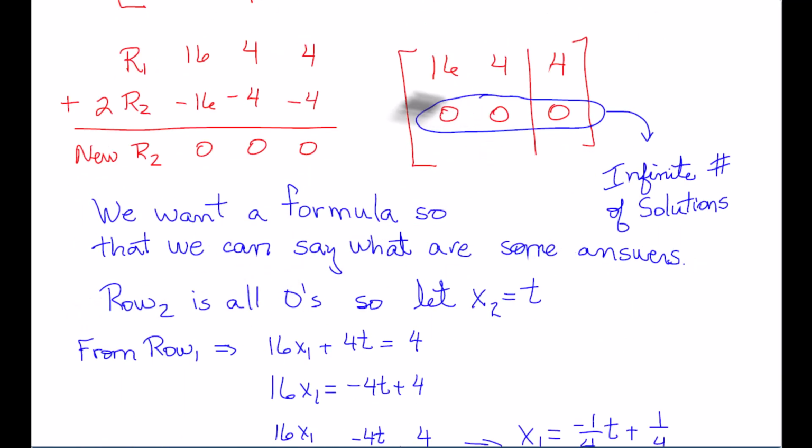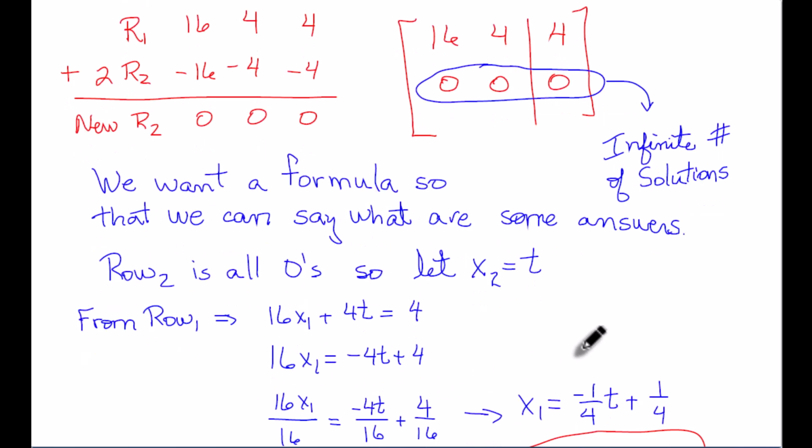So since row 2 is all zeros, I'm going to let x2, my second variable, be t. And then I'm going to plug that into the top equation. So 16x1 plus 4t is equal to 4. I'm going to move the 4t to the right. And then I'm going to divide everything by 16.